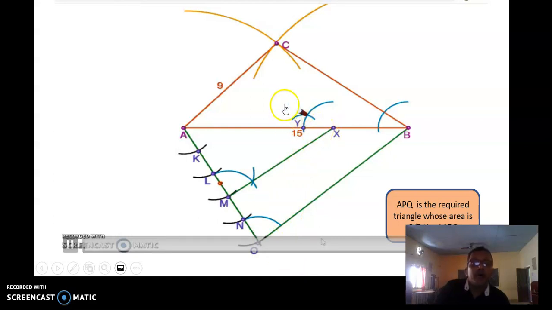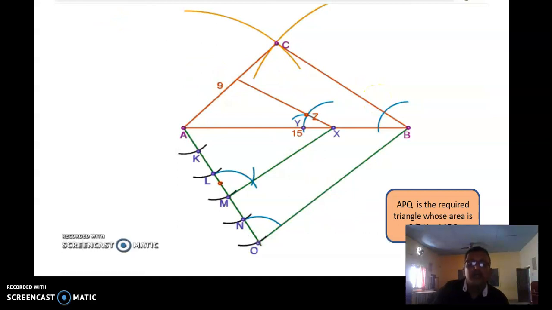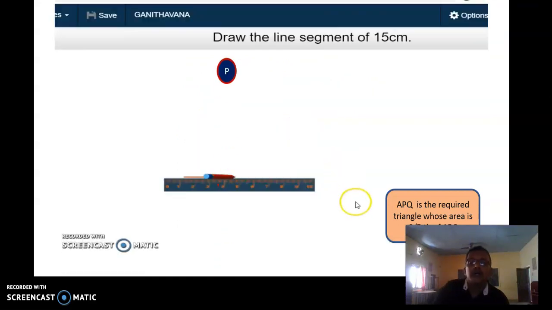Now draw a parallel like this. Okay. Now this is the required triangle. This portion I am representing as Q. So Q is the... APQ is the required triangle. Okay, so that is the construction.